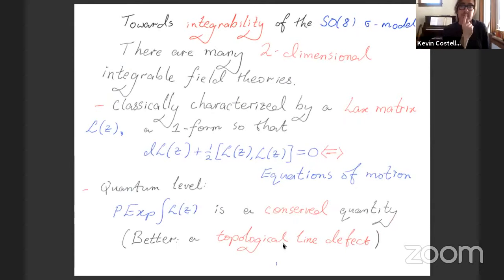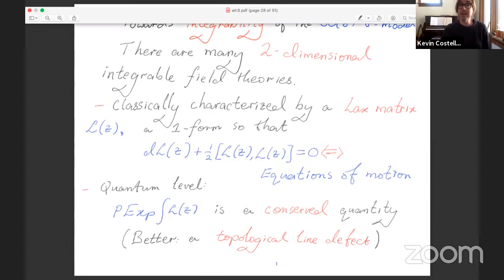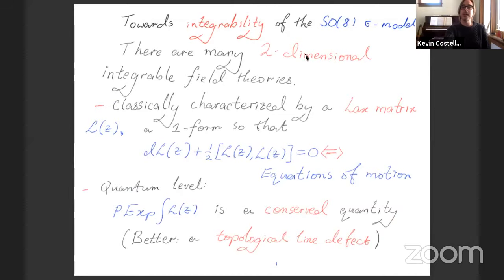The other thing about this theory that I'd like to discuss is its integrability. Many people are familiar with two-dimensional integrable models. These are characterized by the fact that they have a Lax matrix, L, which is a holomorphic function of some parameter z called a spectral parameter.